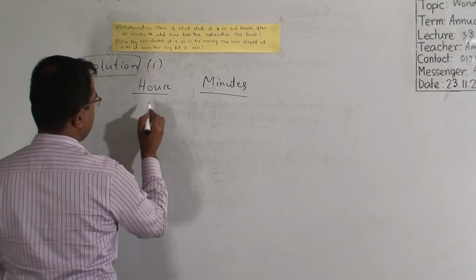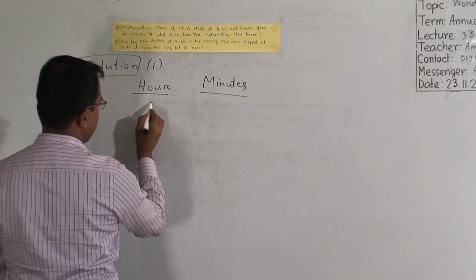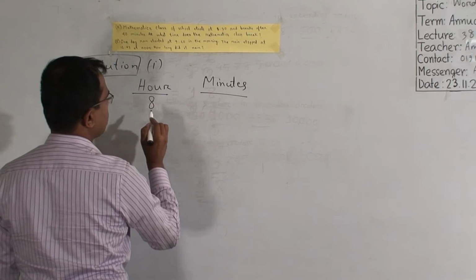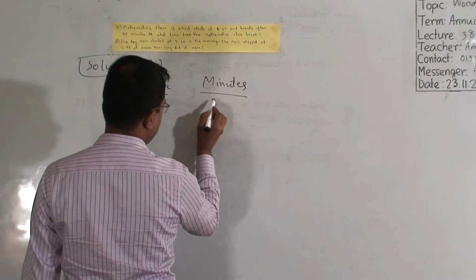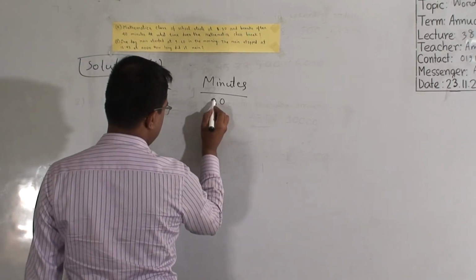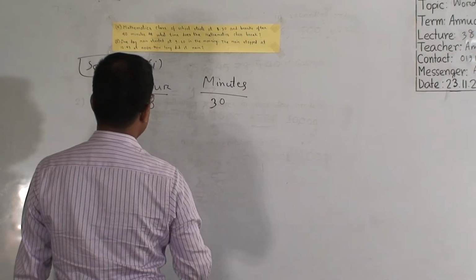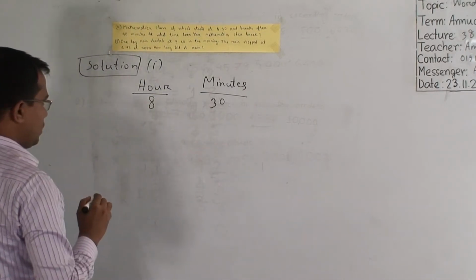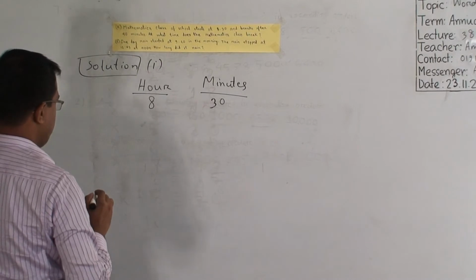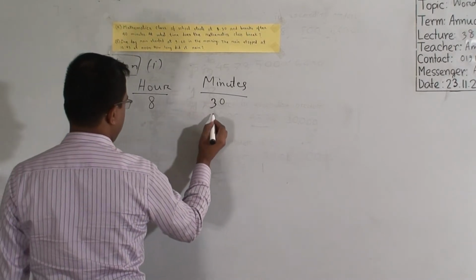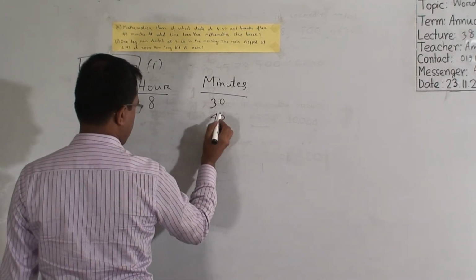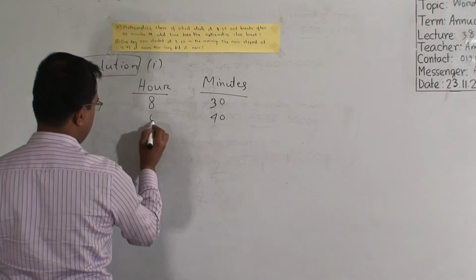That means in the place of hour 8 will come and in the place of minutes 30 will come. Now after 40 minutes the class breaks. That means in the place of minutes 40 will come and in the place of hours 0 will come.